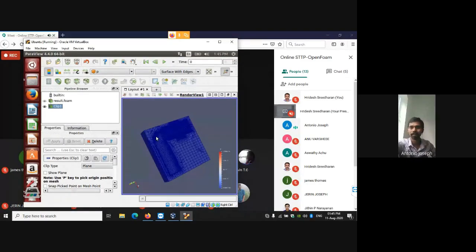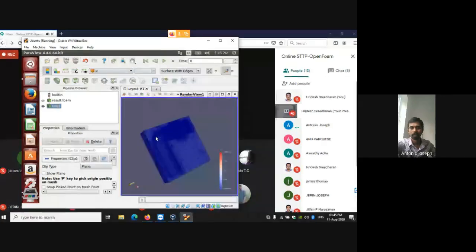But anyway, we'll be dealing with that for creating a small geometry for analyzing a heat transfer problem. In that we'll be studying one more dictionary file called topoSetDict. This dictionary will be used for creating the geometry in that particular case. So that's it about the meshing.